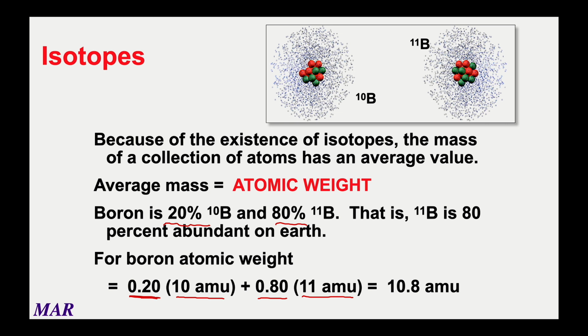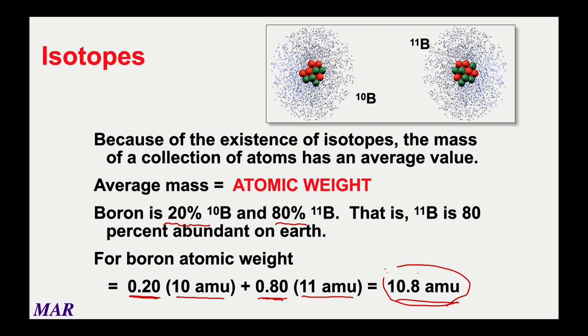If you take the amount that it appears times its mass and add it with the other ones, that's how you get the average. So boron-10 is about 20%, or 0.20 of the time, and you add that to boron-11, which is about 80%, or 0.80 of the time. And this number, 10.811, that's the atomic weight of boron.